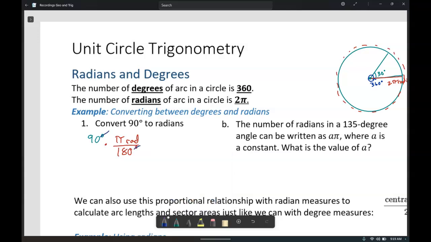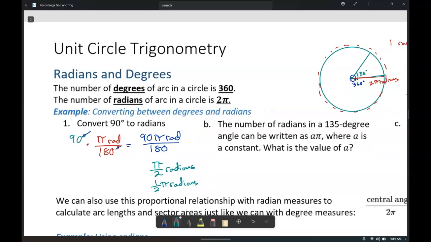My degrees units eliminate, leaving me with 90 pi radians divided by 180, and then we can simplify our fraction. 90 divided by 180 is pi over 2 radians. We could also write this as 1/2 pi radians. And we're going to utilize that fact in the next question.